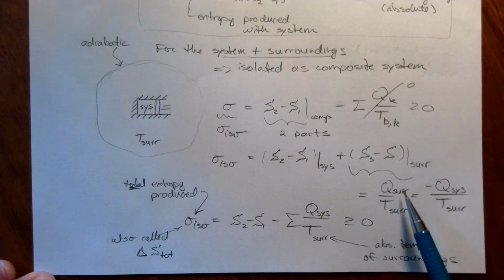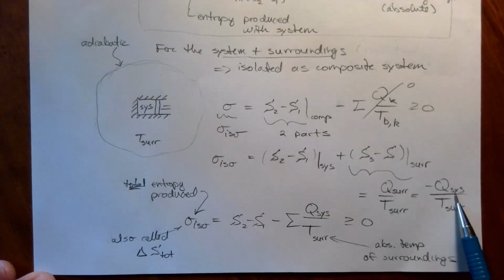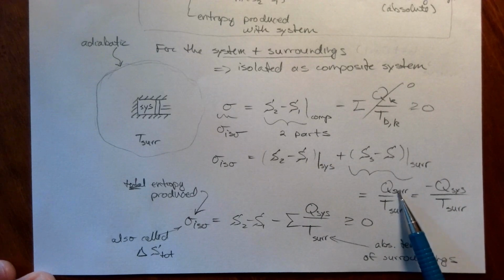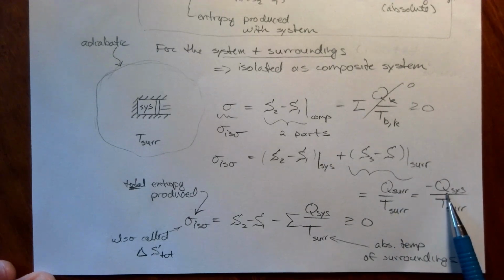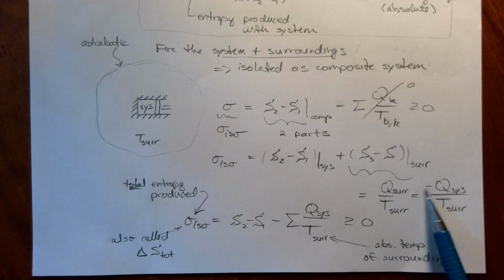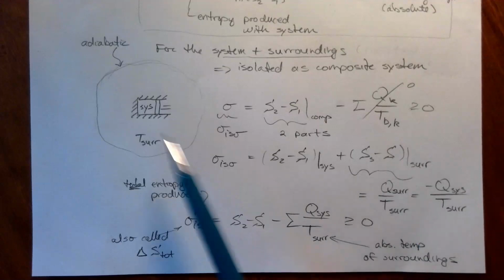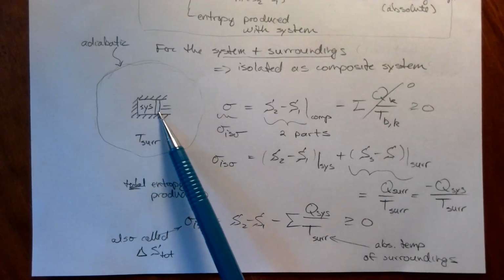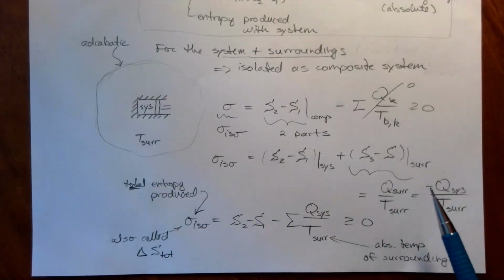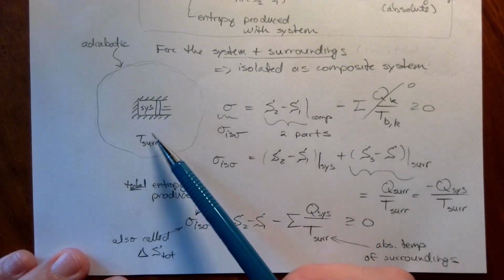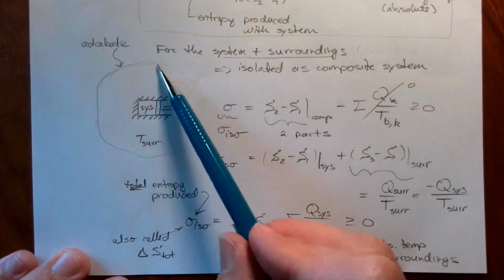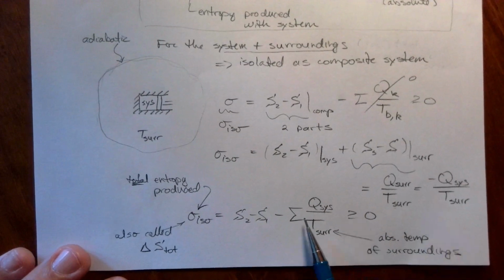Then we can express Q of the surroundings in terms of the system. Whatever is coming into the system is coming out of the surroundings, so you just add a minus sign and change that to the system. So we can still define this Q with our sign convention relative to the system. Again, there could be several surroundings, right? We could have a reservoir down below, a reservoir up high, different heat transfers. We could keep that straight with the summation.